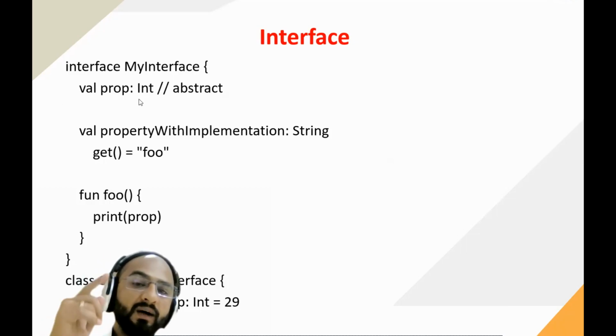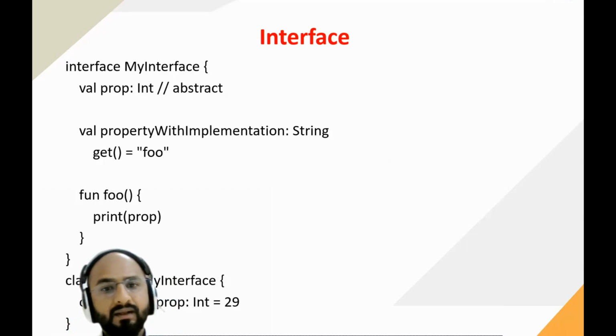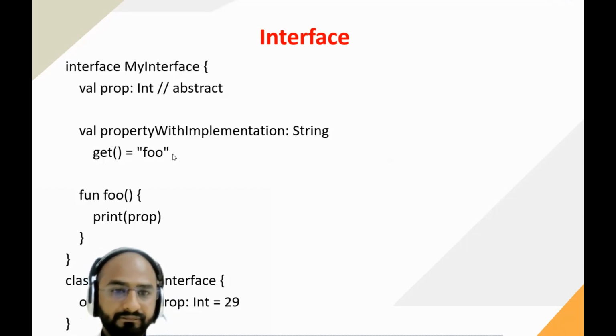So if you are creating a property of the interface, this property will be abstract by default. And I have provided another property with implementation, colon String, get method equal to foo. So this foo method is there. You can see I have created a foo method, which is used to print the prop, meaning the integer value.